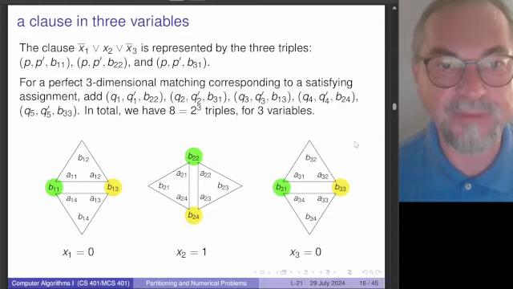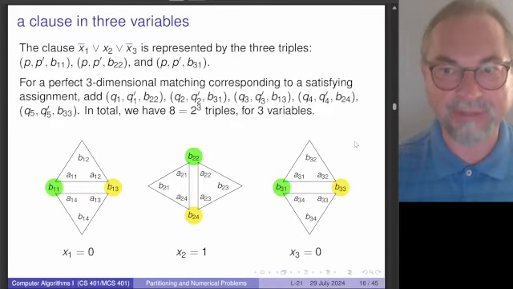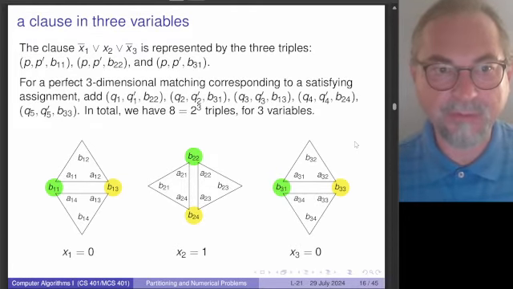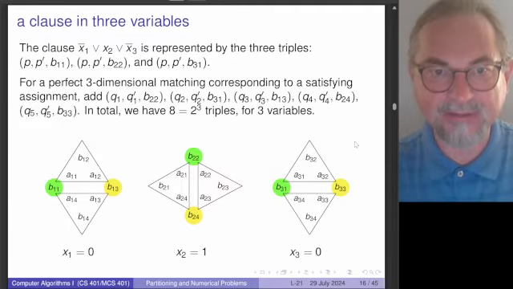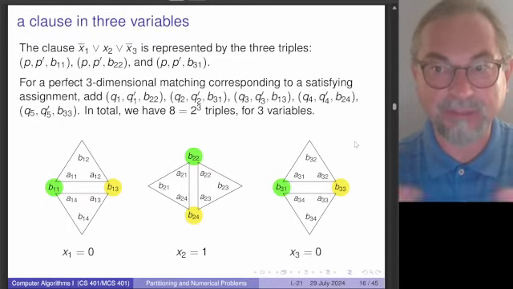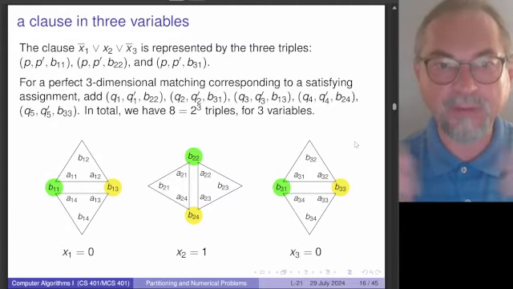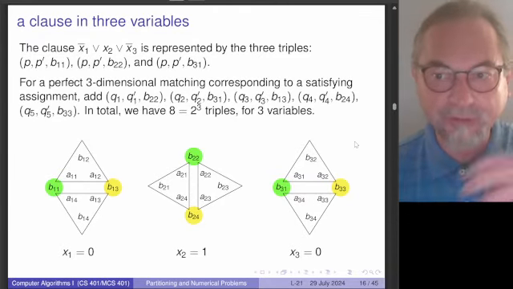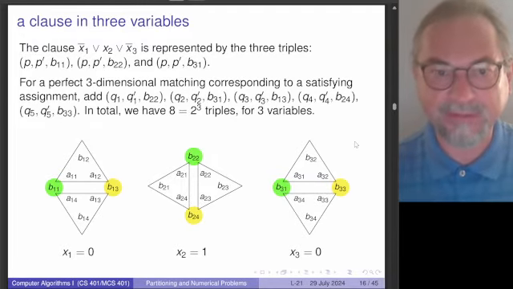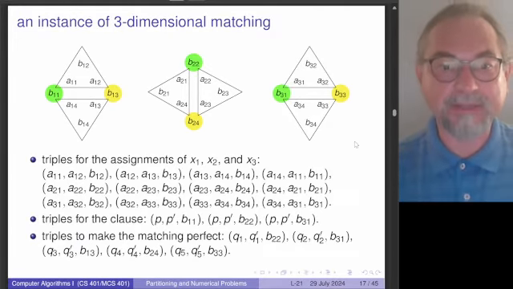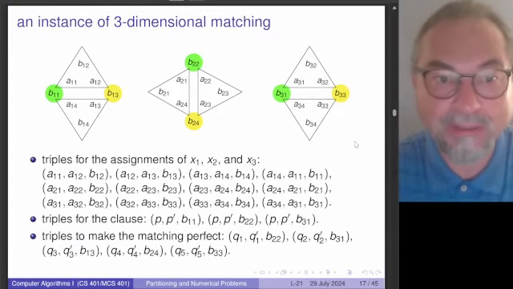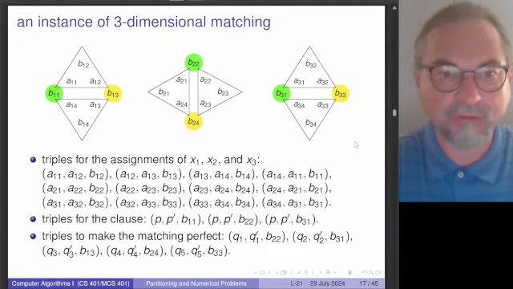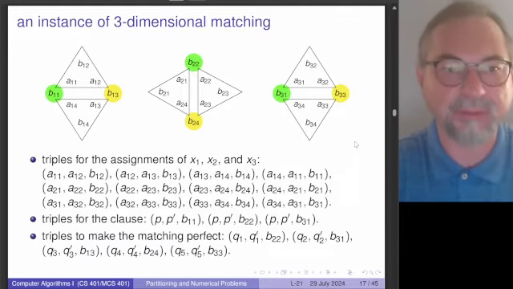So we have now the clause that is represented by these 3 gadgets for the 3 variables. And then we have the 8 triplets. So the 3 gadgets each represents 4 triplets. We are adding 8 to them. Okay, so the reduction is a little bit heavier than what we have covered before, but it will be polynomial in the input size. So the input size is the number of variables and the number of clauses in our tree satisfiability problem.